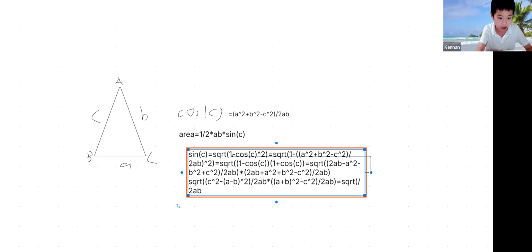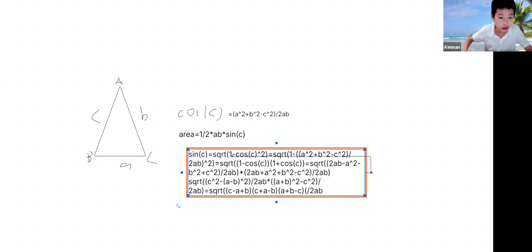So that's c minus a plus b, c plus a minus b, times a plus b squared minus c squared, which is a plus b minus c, times a plus b plus c.